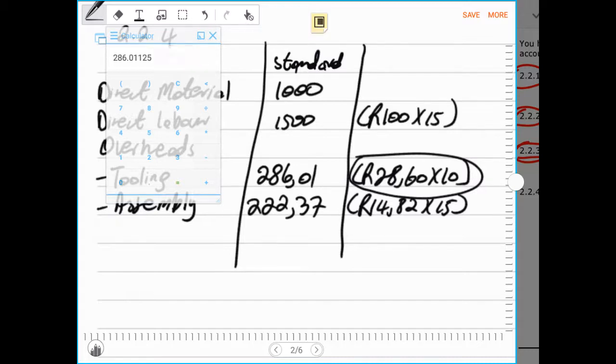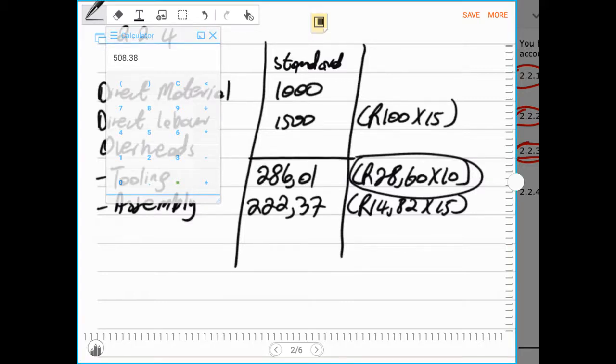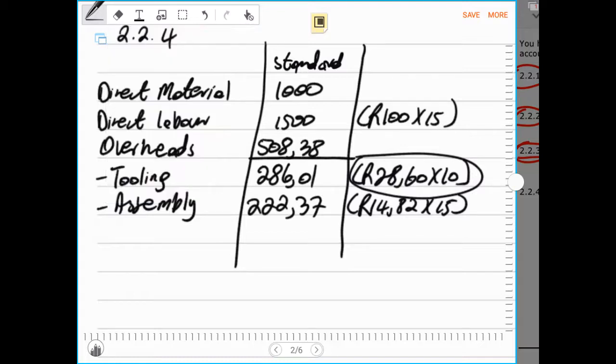Then our total overheads will be 286.01 plus 222.37, which is 508.38. Our overhead total will be 508.38.